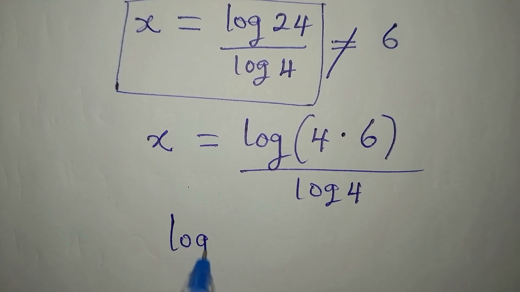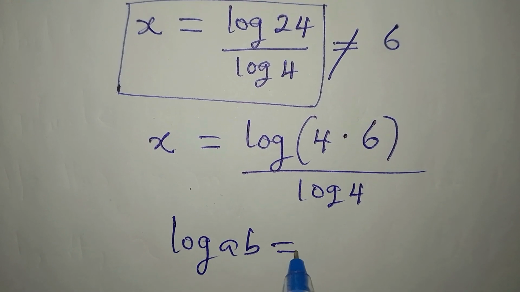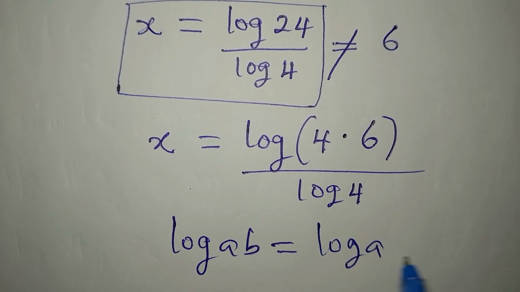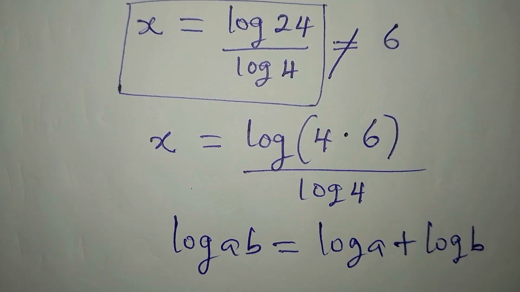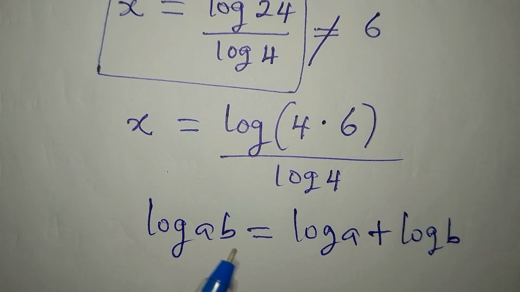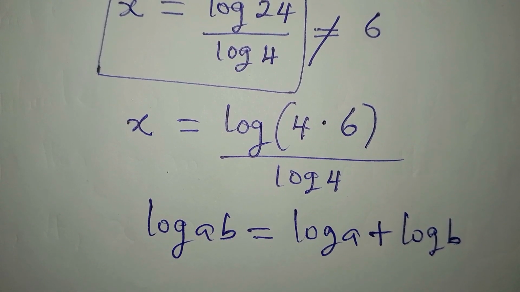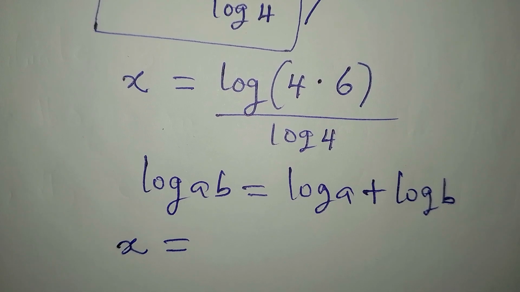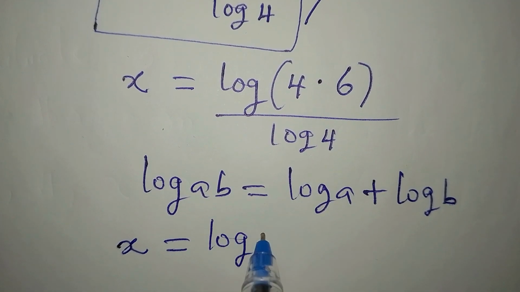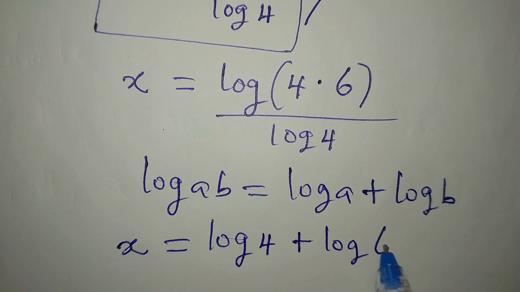If you have log AB, this is the same thing as log A plus log B. And then this AB is in the form of 4 times 6, right? So this means that our x will now be equal to log 4 plus log 6.